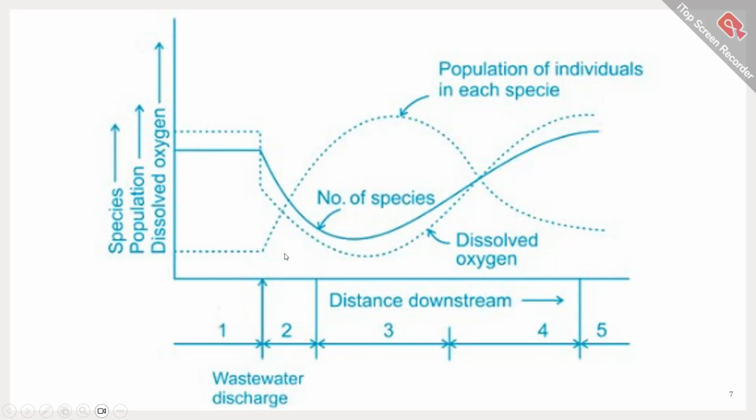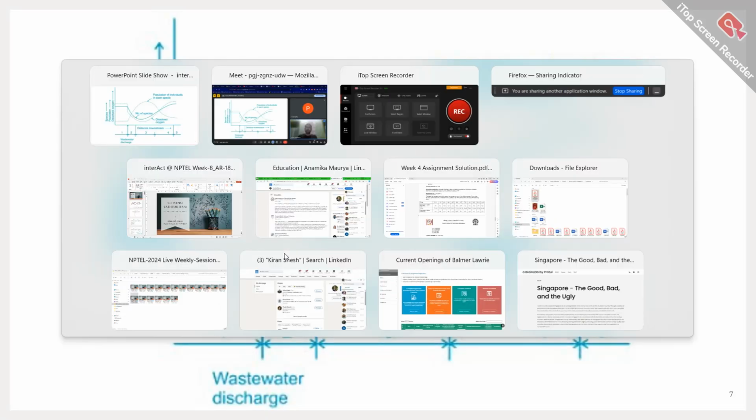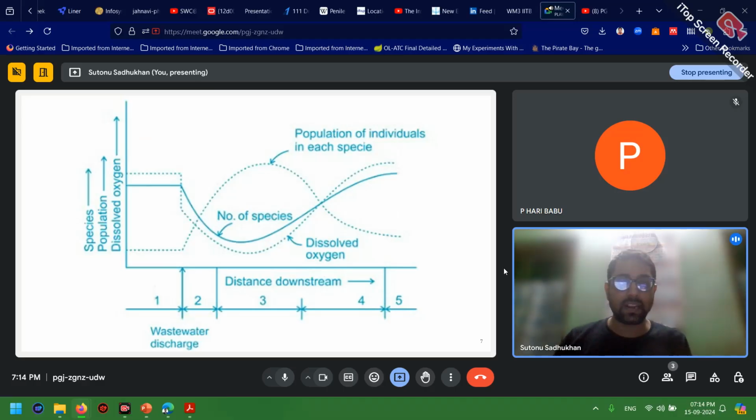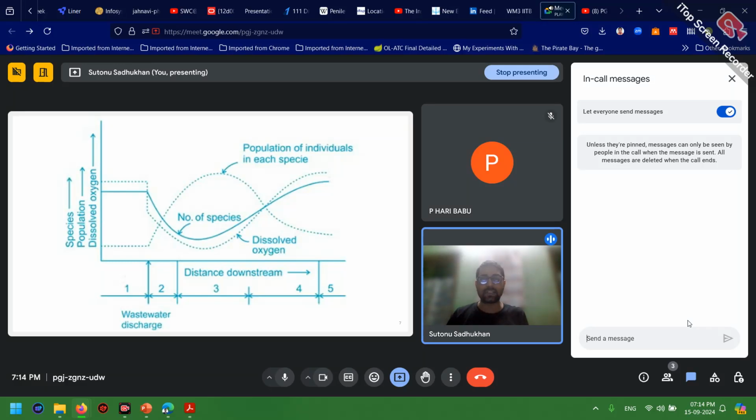This is what happens. So I hope it is clear, because there are different types of pollutants present inside the water, and all the microbes present inside the river stream are not responsible for treating every type of pollutant. So some microbes are responsible for treating some specific type of pollutants, so their population will increase at the zone B, C, and D, this region.